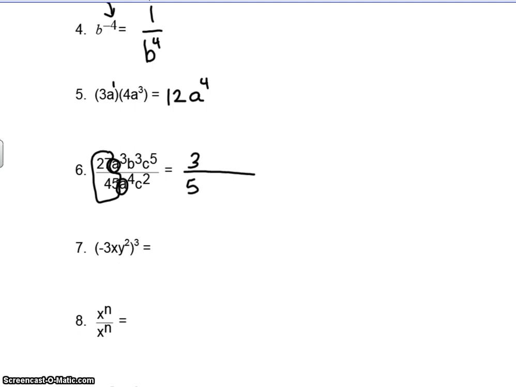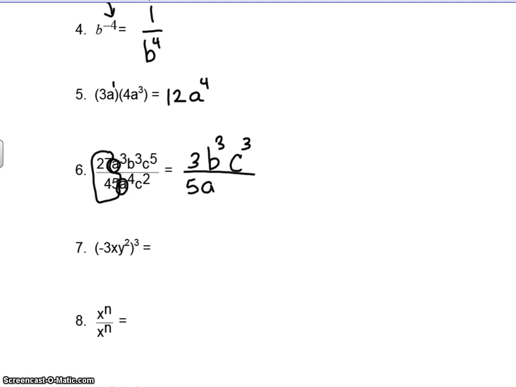The difference between the 3rd power and the 4th power is 1, so a to the 1st power goes on the bottom. B to the 3rd power on top, it's the only power of b we have there. And then c to the 5th power over c squared is going to reduce to c cubed.